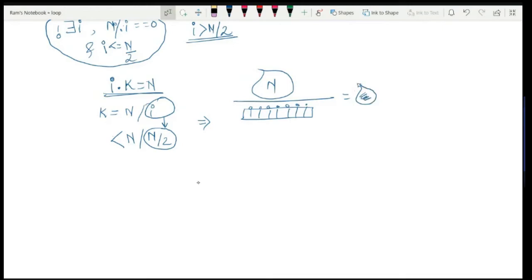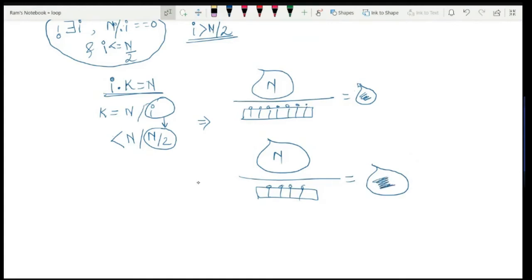But if you distribute the same quantity n over a smaller number of people, each individual will get a bigger quantity than before, right? This should be clear, isn't it? So that is what we have written here.